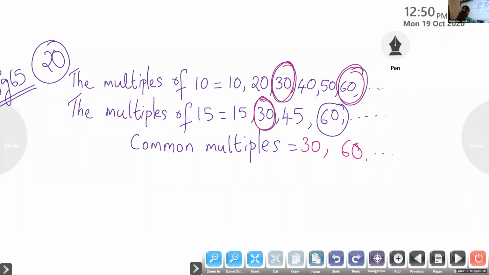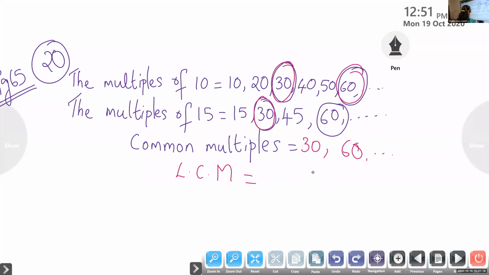Now tell me, Ayman, can you tell me from here, which is the LCM, least common multiple? Please unmute and speak. Is there any connection problem?